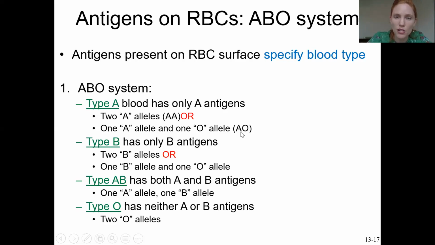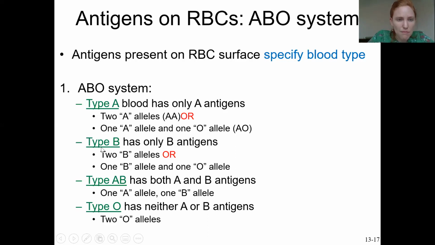If you have this one coding for A, and the other one, the O allele, coding for nothing, A plus nothing still makes A. Okay, so if you're a type A person, so you know your blood type is type A, you can't figure out which of these 2 allele combinations you have unless you also know the blood types of all of your parents and grandparents. But you could figure it out. Okay, so 2 ways to get it.